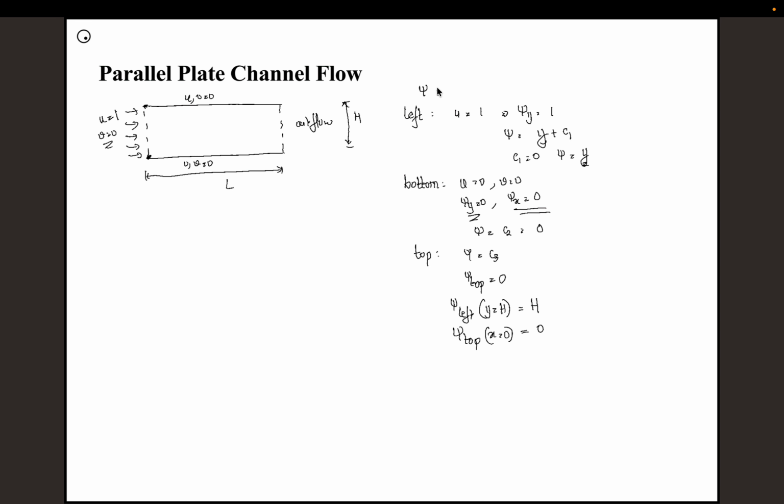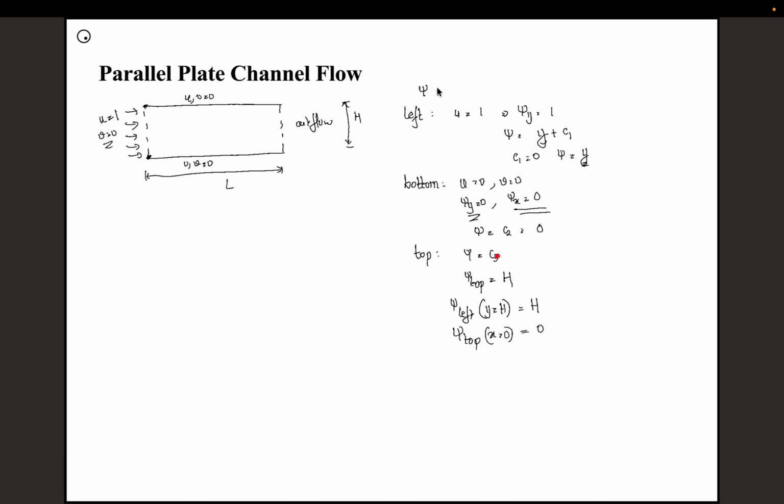So that gives some singularities which we want to avoid. So what we will do is keep the same value throughout. Psi top, instead of keeping 0, has to be some constant, so we'll keep that equal to h. On the top surface we'll have psi equals h. On the bottom surface we'll have psi equals 0. So that in a way satisfies both equations.